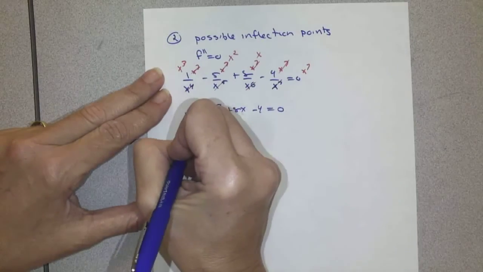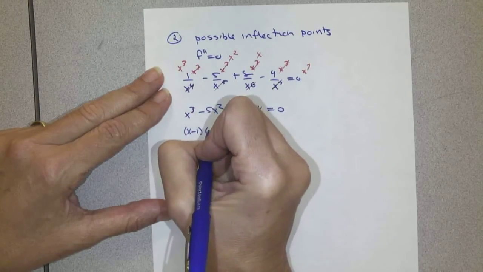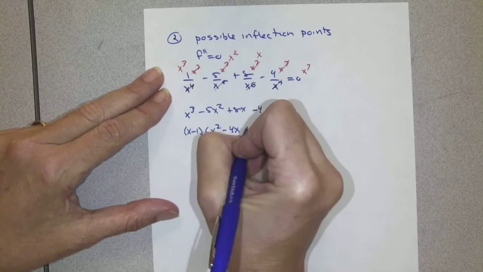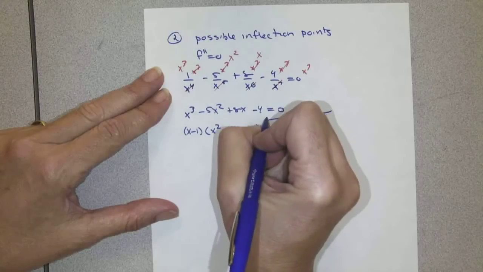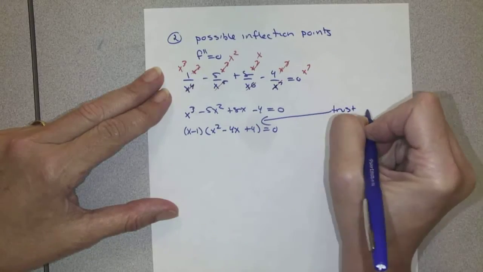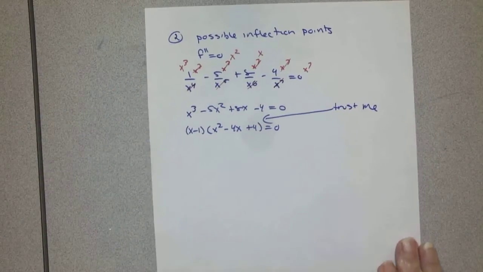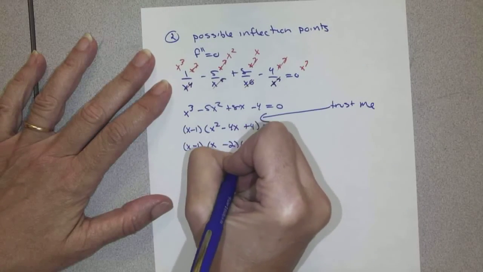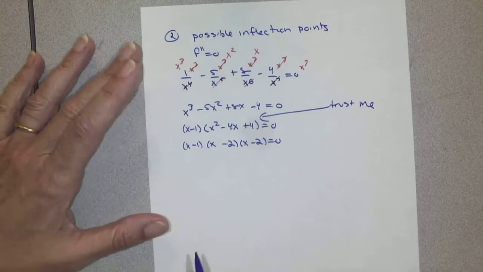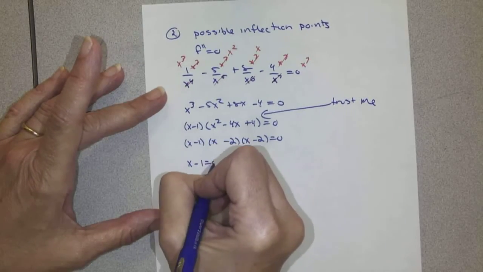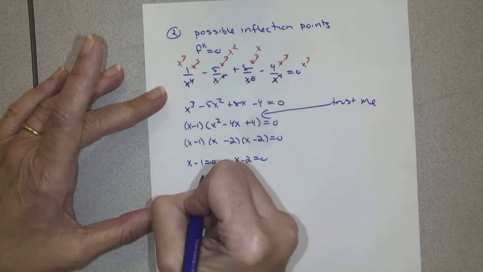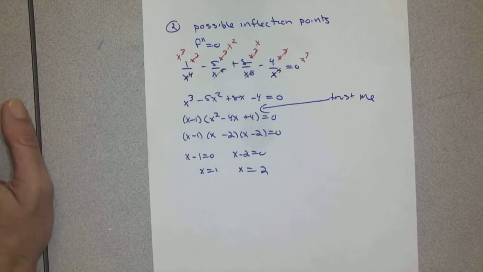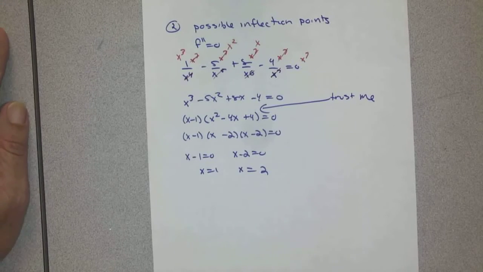So you're just going to trust me when I tell you that this factors to x minus 1 times x squared minus 4x plus 4 equals 0, and hopefully I'm not lying to you. Then that factors again. Now it's factored and equal to 0, so I can split that up, and I get two potential inflection points at 1 and 2.